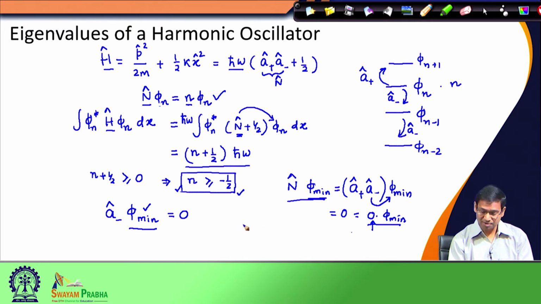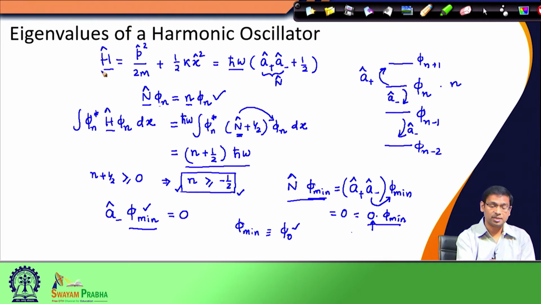So, therefore, phi minimum I can write as phi 0. So, the lowest possible value of n is going to be 0. Now, this is the lowest eigenfunction of this operator n. But remember, we are interested in the Hamiltonian operator.